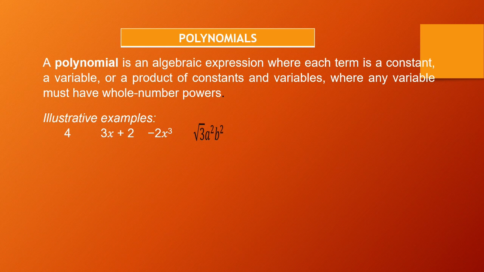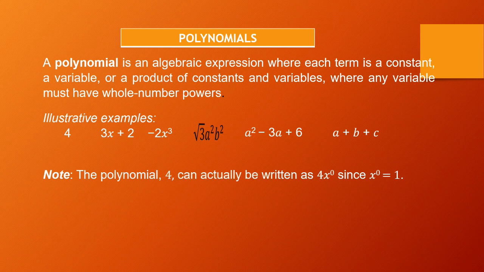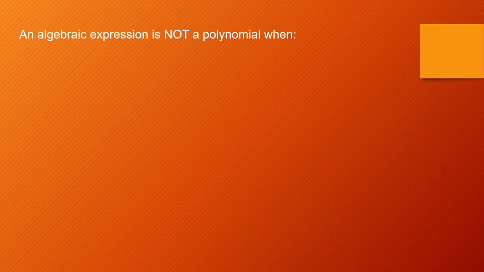Take note that the polynomial 4 can actually be written as 4x⁰ since x⁰ is equal to 1. An algebraic expression is not a polynomial when the variable is in the denominator.